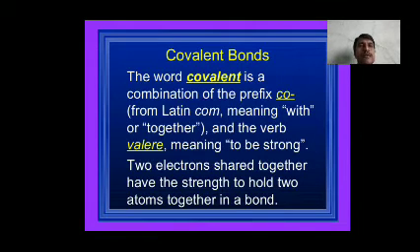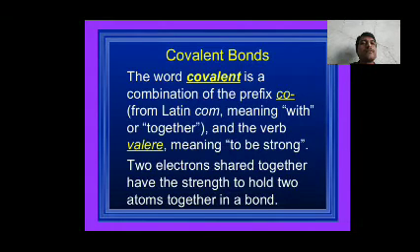Covalent bond. The word covalent is a combination of the prefix co, from Latin cum, meaning with or together, and the verb valence, meaning to be strong.